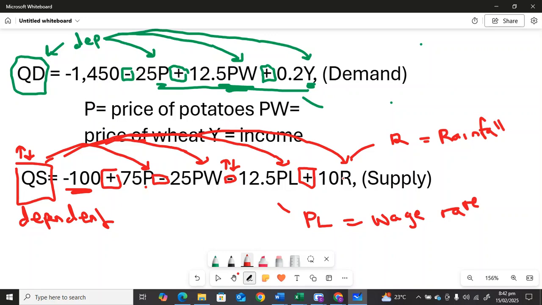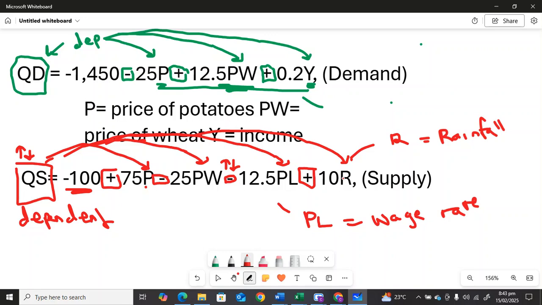So the important thing here is whenever you see a multivariable equation like this, especially in managerial economics, always remember there's a relationship between the variables. There's always going to be a dependent variable and there are going to be independent variables.